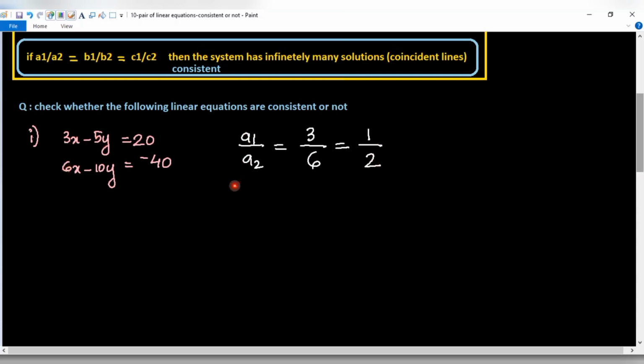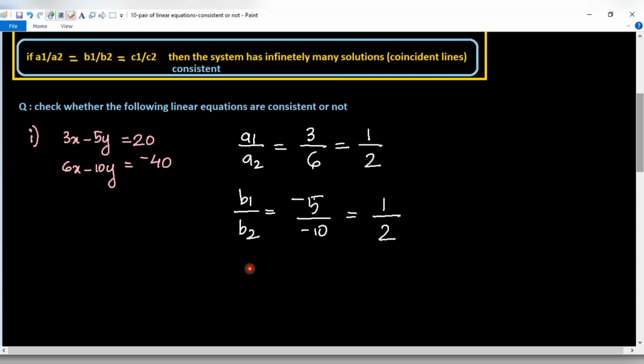Now b1 by b2 is negative 5 by negative 10. A negative number divided by a negative number, the answer is positive. And 5, 10, we can divide by 5, so it is 1 by 2. It is positive because we are dividing a negative by another negative number. So b1 by b2 is 1 by 2.